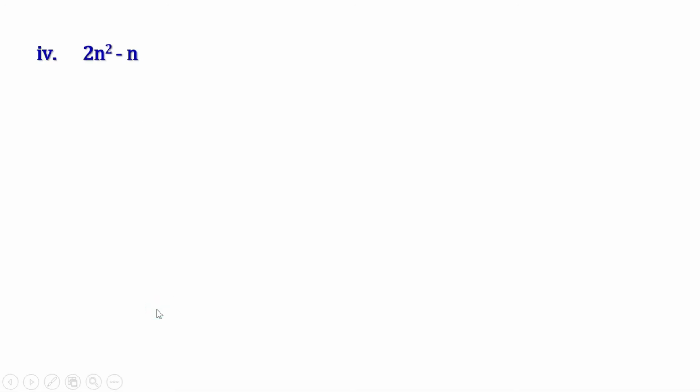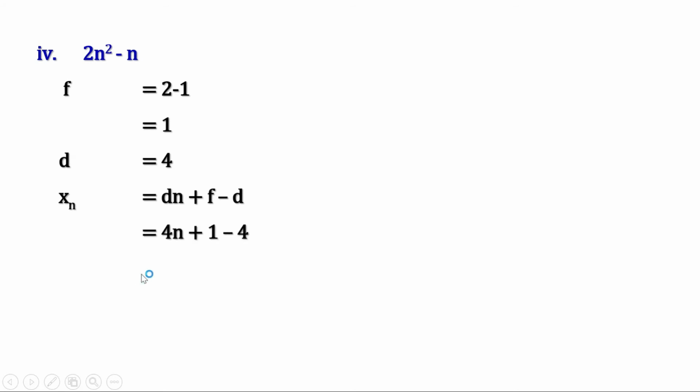Now the fourth part, 2n square minus n. First term is 2 minus 1, that's equal to 1. Common difference is 2 into 2, that's equal to 4. So the nth term is dn plus f minus d, that is 4n plus 1 minus 4. 1 minus 4 is minus 3, so we can write it as 4n minus 3.